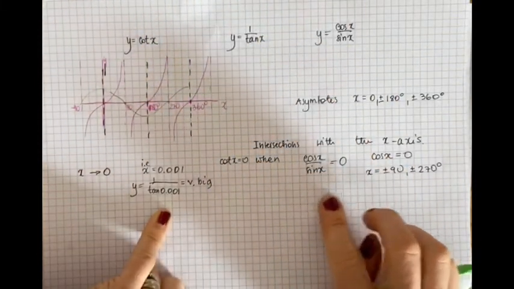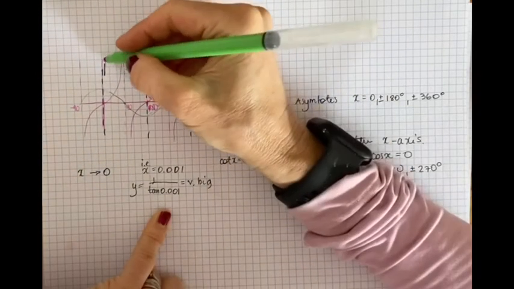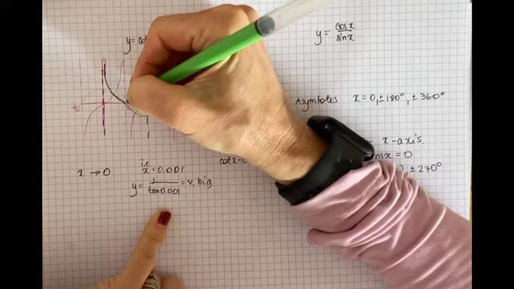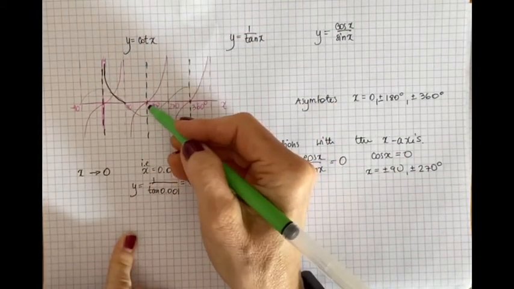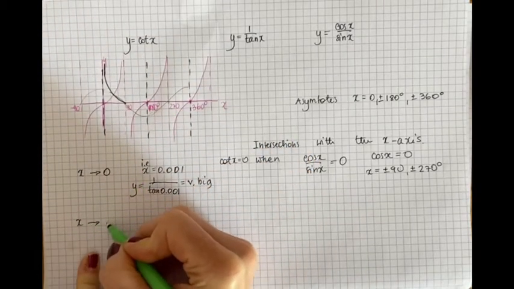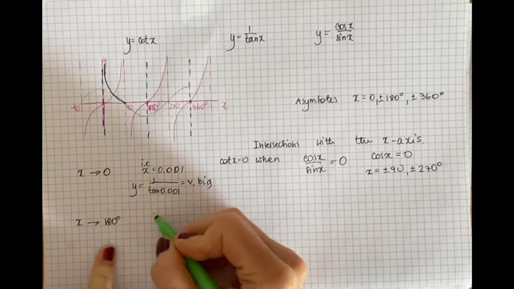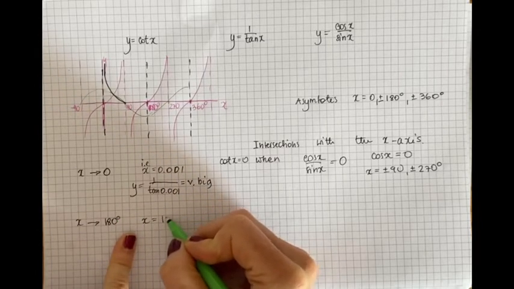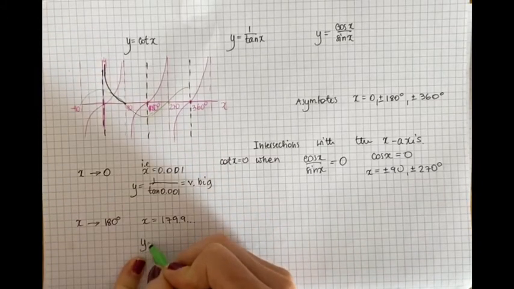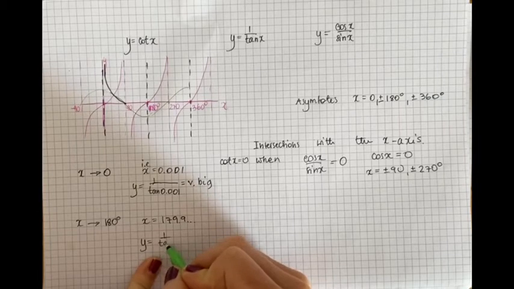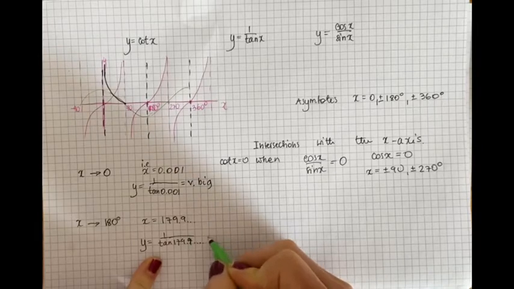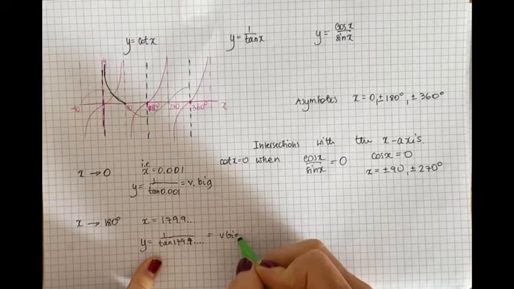Now, what did we say? We said that it will cross the x-axis at 90. So this is the shape you are going to be getting. Now, what happens to a value close to the other asymptote, 180? When x tends to 180 from the left, for example x is equal to 179.9, then for your cot, you will have 1 over tan of that value. This is going to give you a very big answer as well.